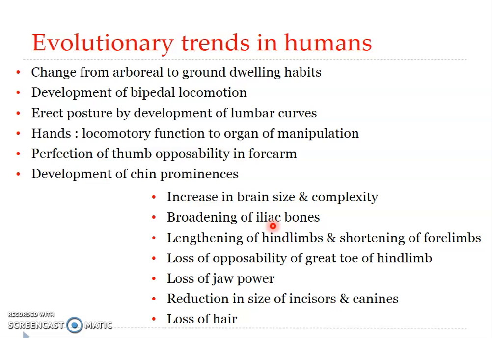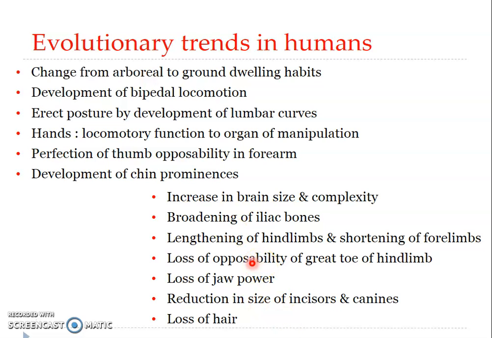Okay, then loss of opposability of the great toe of the hind limb. Obviously, the ape-like ancestors were more arboreal in nature. So both forelimbs and hind limbs had an opposable first digit.